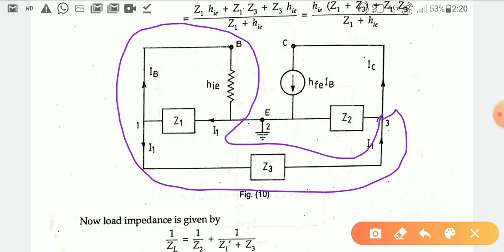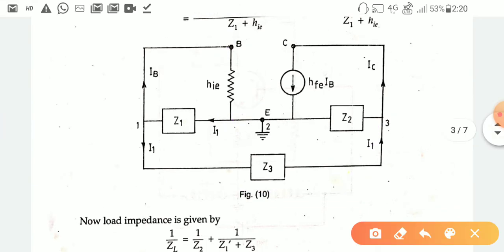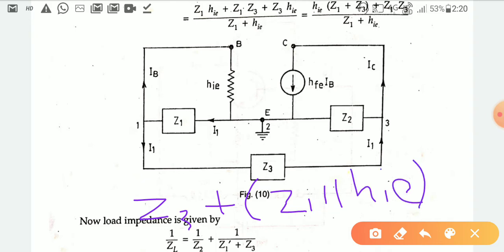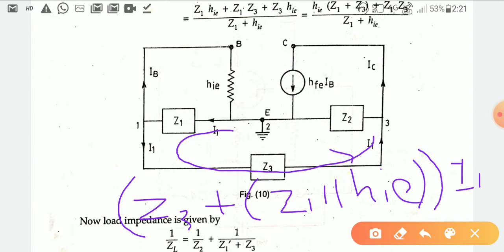This section is the input side, and the emitter and base terminals are the input side. So here the impedance value is Z3 plus Z1 parallel with hie, multiplied by the current I1, because for this loop the current is defined as I1, so it can be written as such.